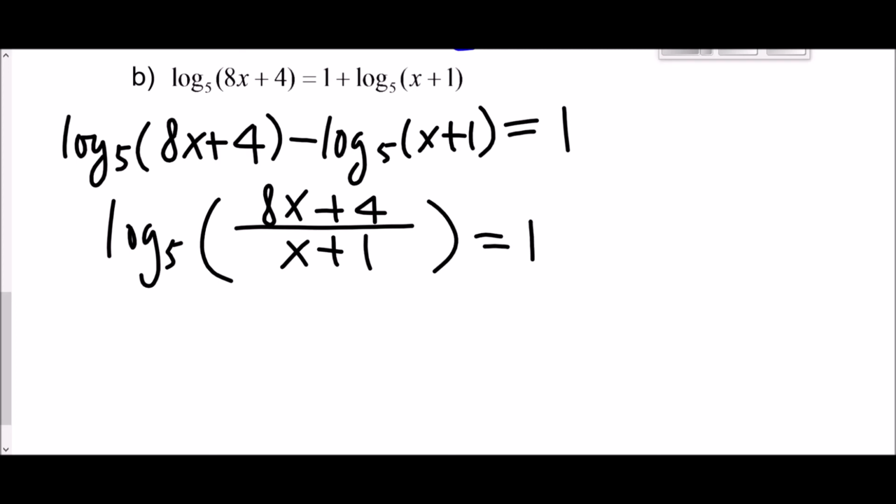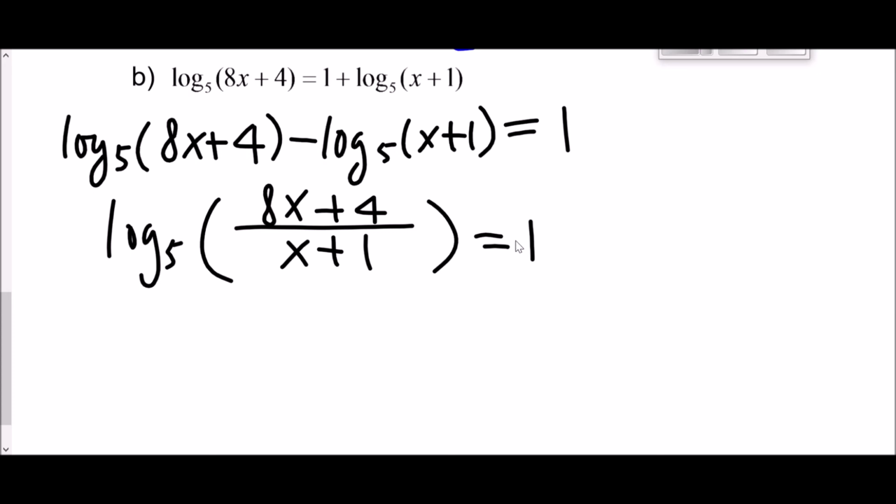Then we get rid of the base, get rid of the log. Getting rid of the log basically means converting this into the exponential form. So move the base of the log to the other side and make it the base of the exponent.